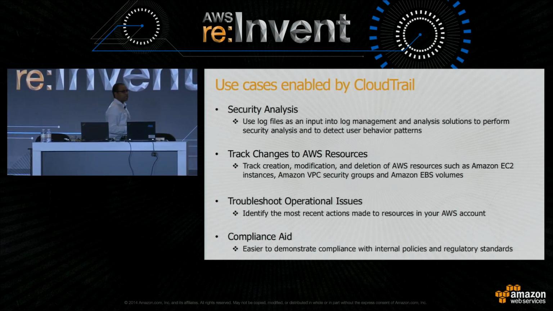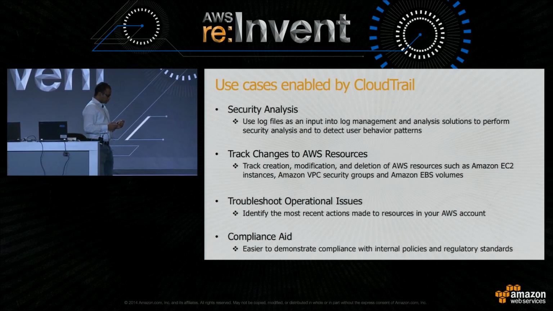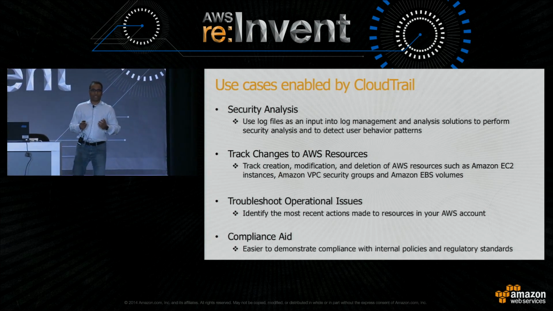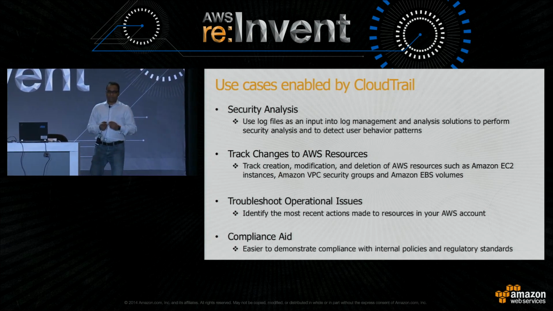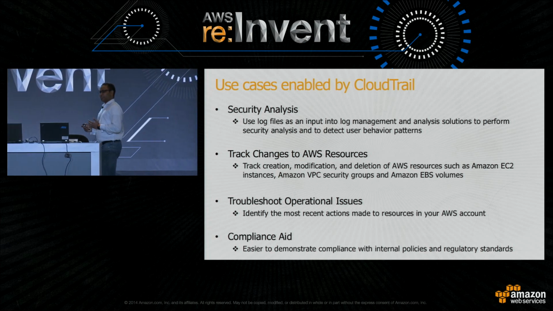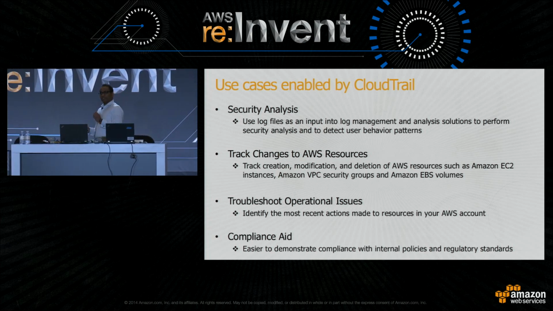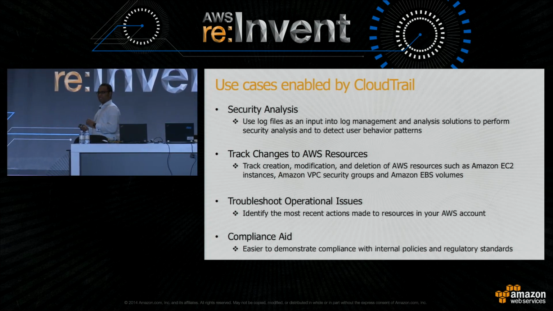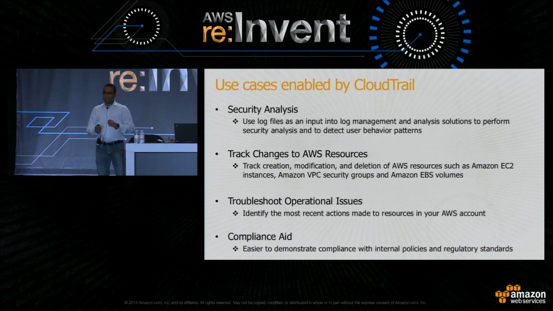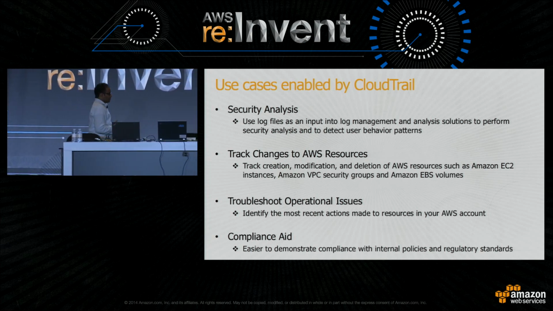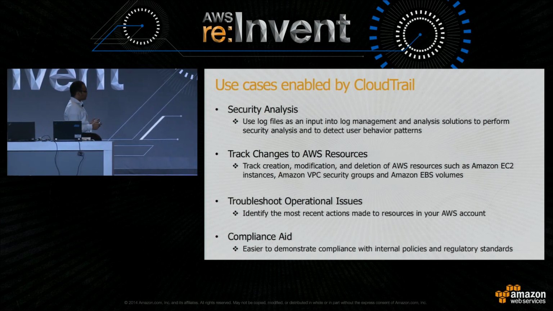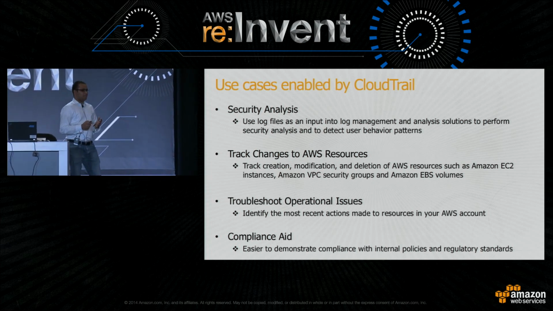There's a white paper out there called, I believe, Security at Scale, Logging in AWS. It talks about different compliance regimes and outlines specific controls that you can meet using the CloudTrail payload that is delivered to you. And the one that is very close to me and my favorite is troubleshooting operational issues.